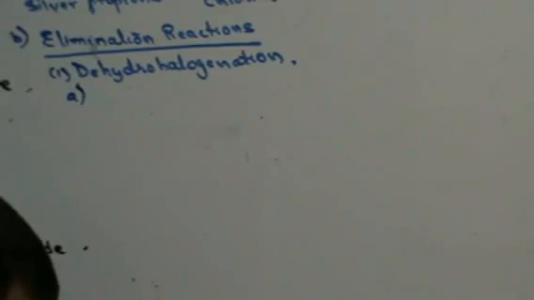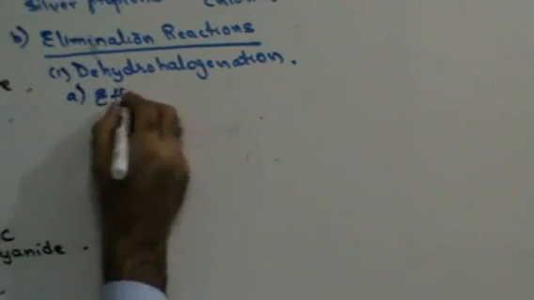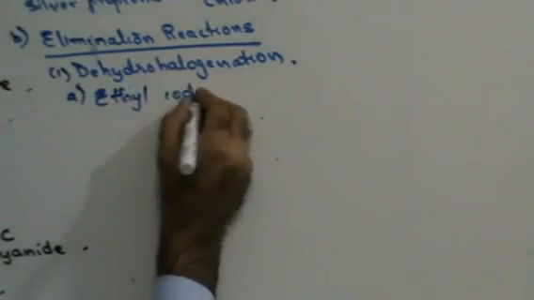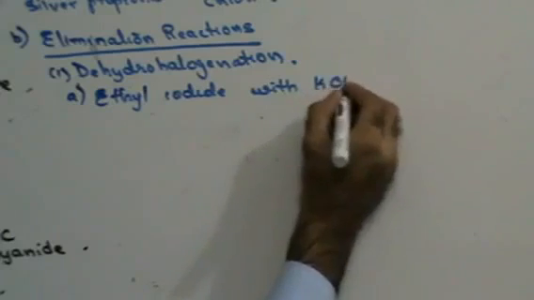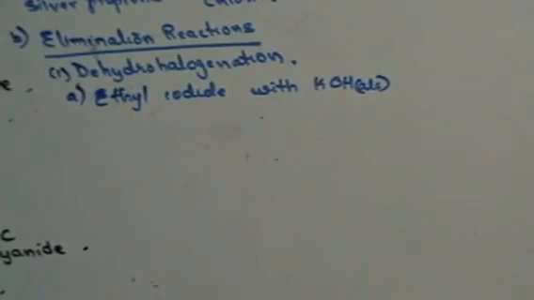What happens when ethyl iodide reacts with alcoholic potassium hydroxide? You did the same reaction in substitution also. There you reacted an alkyl halide with potassium hydroxide.